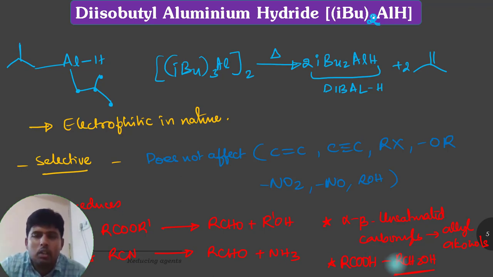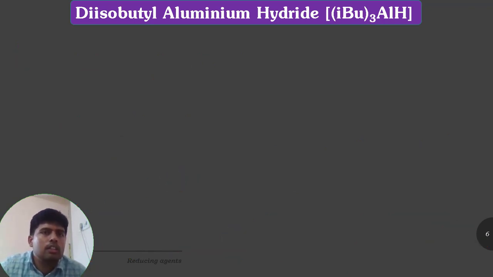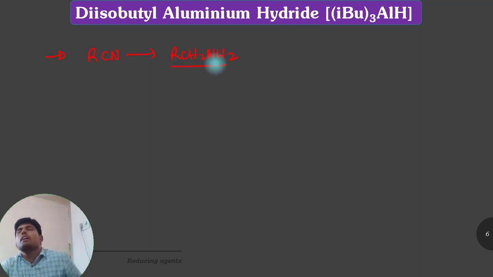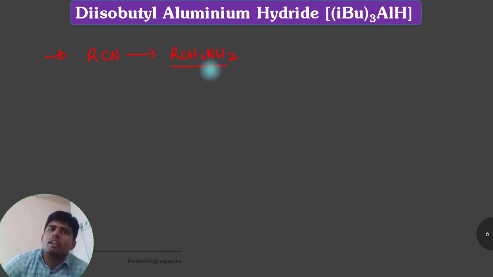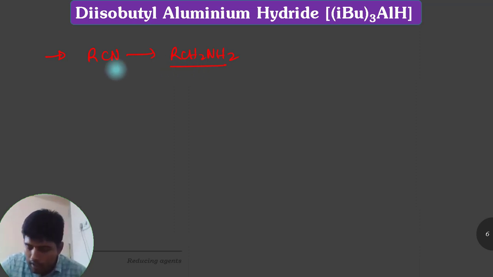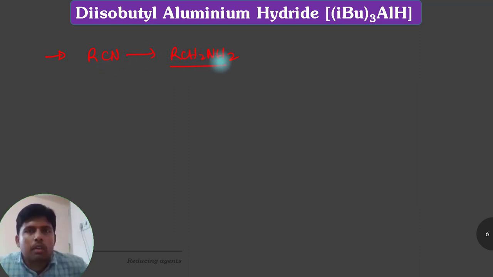So let us see some more variations possible with DIBALH. Another important conversion which it does is also conversion of RCN to RCH2NH2. Generally this conversion is done only by H2/Pt, then lithium aluminum hydride, but this DIBALH also can do this.